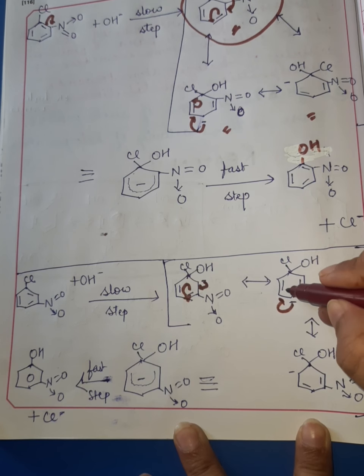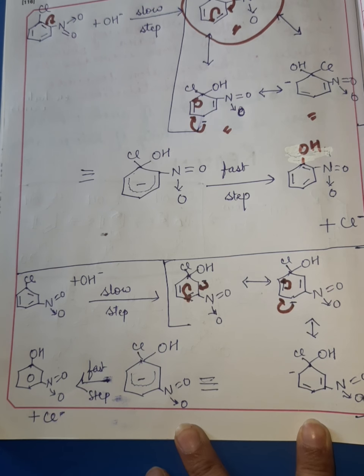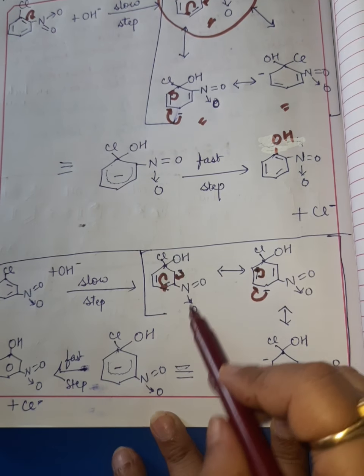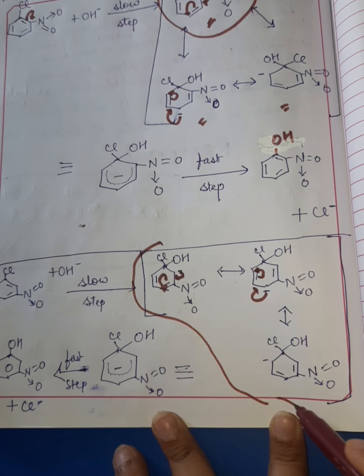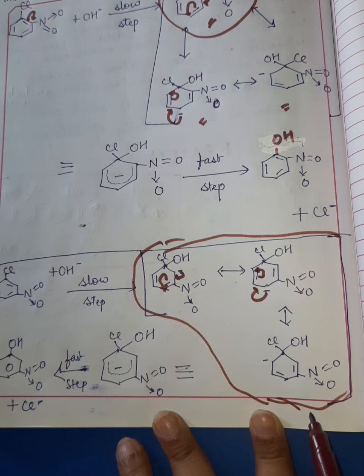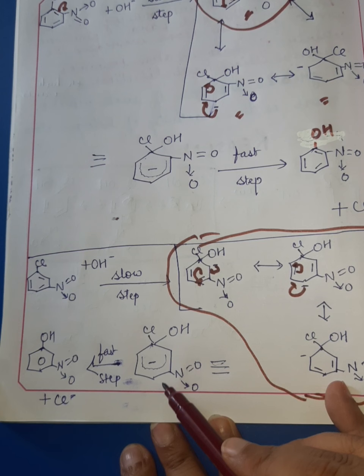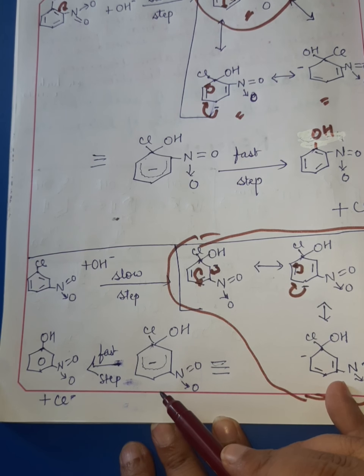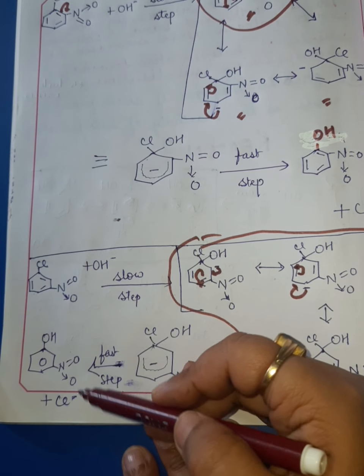And now the next structure which we'll see due to the delocalization of the pi electrons will be this. So these three are the resonating structures of the carbanion. And we can represent the resonance hybrid this way, which through the fast step undergoes a nucleophilic substitution reaction.